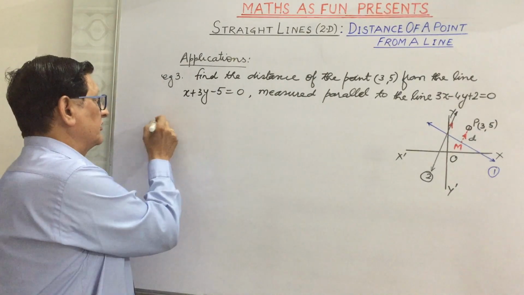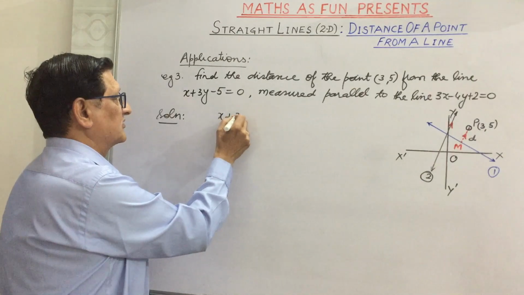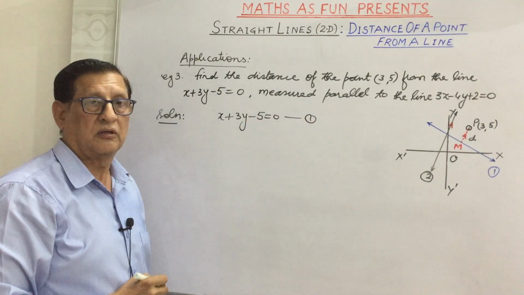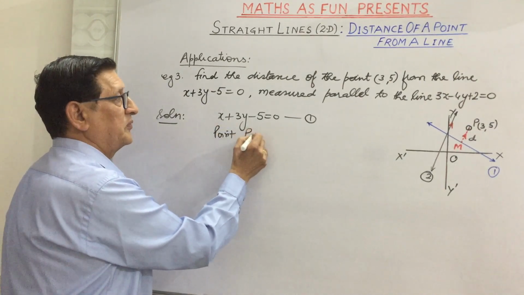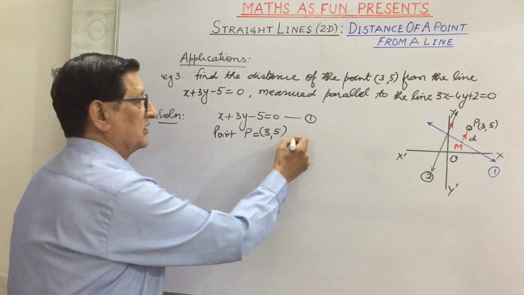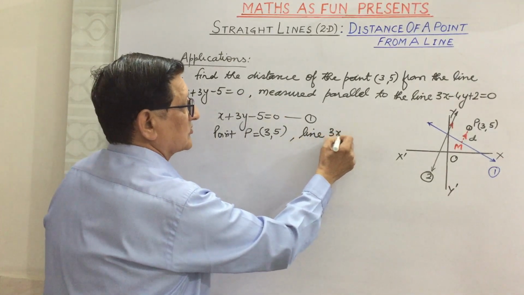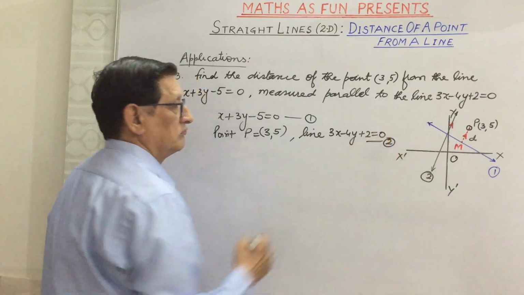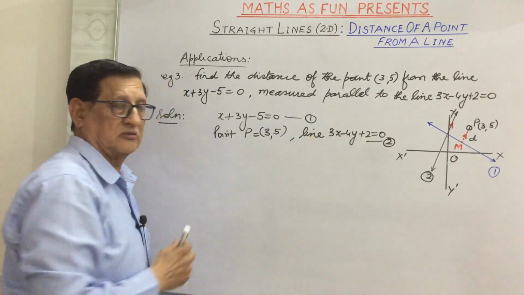So what we do here, we are writing the line which is given to us, x plus 3y minus 5 equal to 0. The point which is given to us, that is P, is 3, 5. And the another line which is given to us is 3x minus 4y plus 2 equal to 0. So we find a line parallel to this.